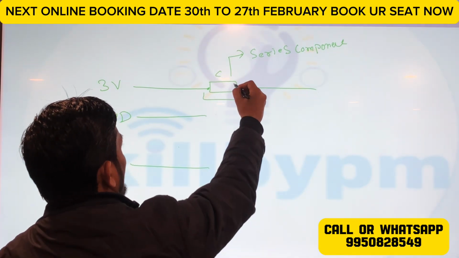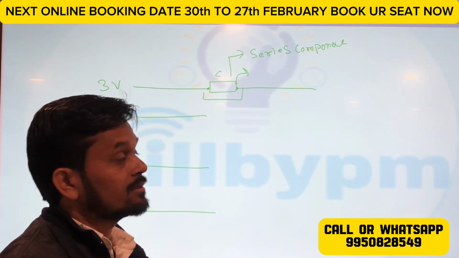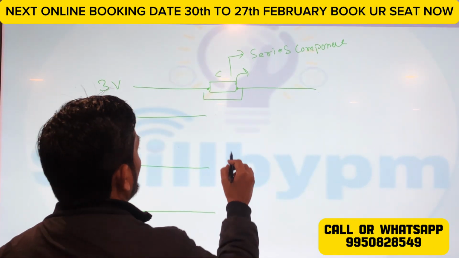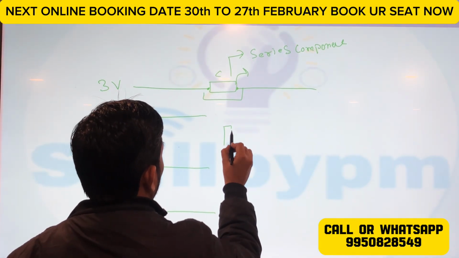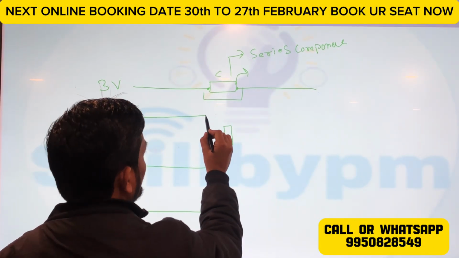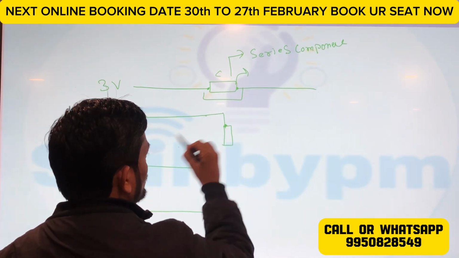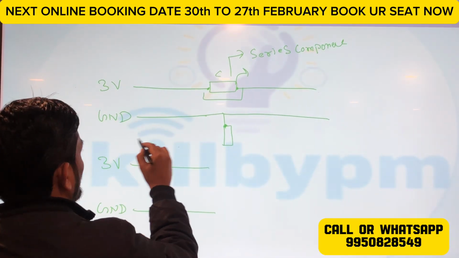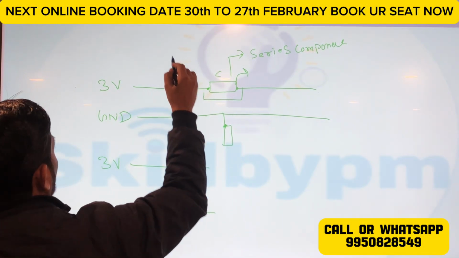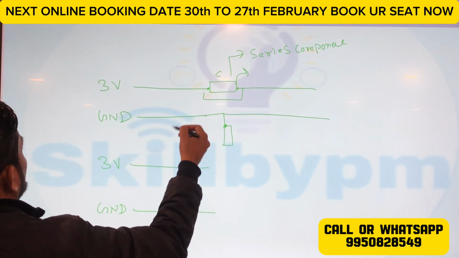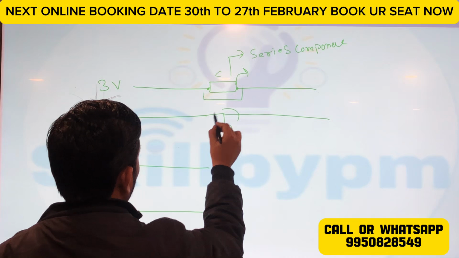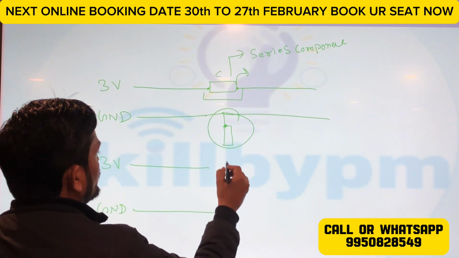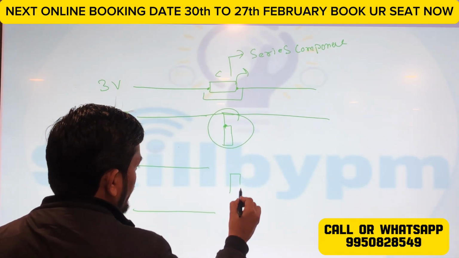Okay, we took this same capacitor. This same capacitor, I took it here, and you look, first is connected in the 3-volt line. Sorry, I made a mistake because I connected it in ground. Okay, this capacitor I took here.